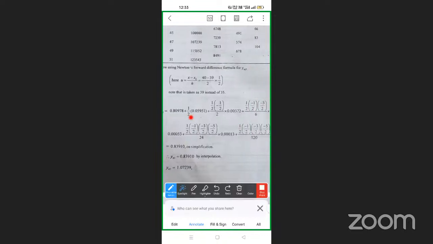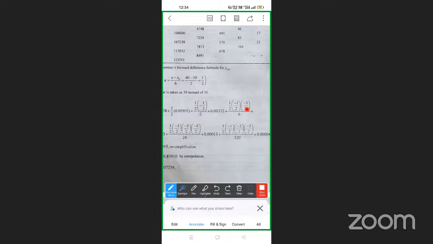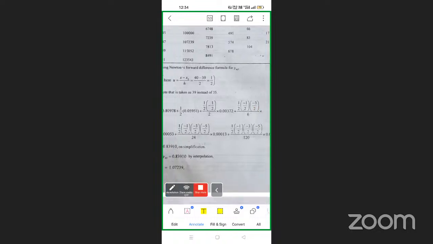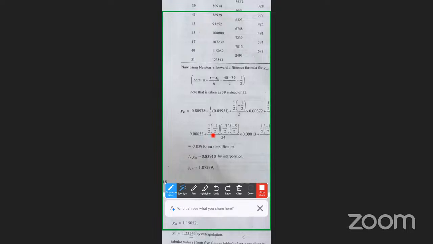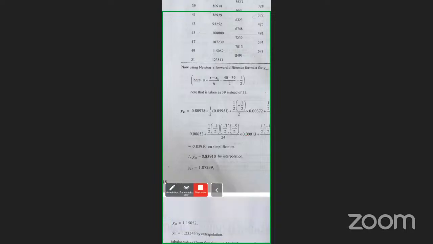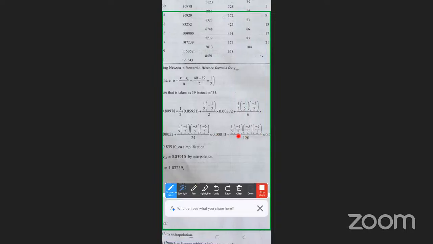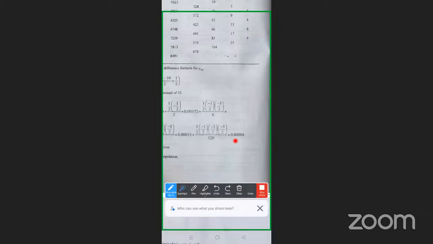So this is y naught plus u by 2 into delta y naught plus u into u minus 1 by 2 factorial into delta square y naught plus u into u minus 1 into u minus 2 by 3 factorial into delta cube y naught plus u into u minus 1 u minus 2 u minus 3 by 4 factorial, which is 24, into delta power 4 y naught plus u into u minus 1 u minus 2 u minus 3 by 5 factorial, 120, into delta power 5 y naught.